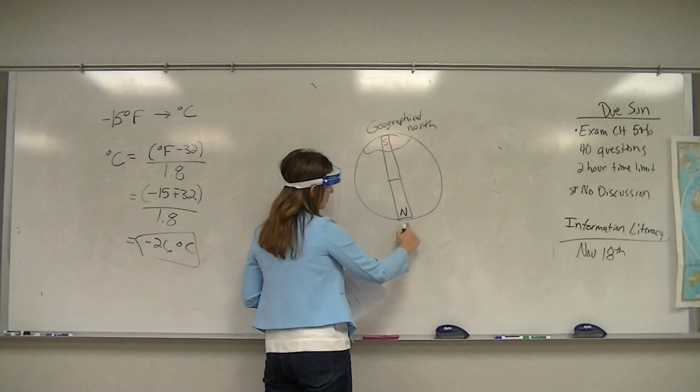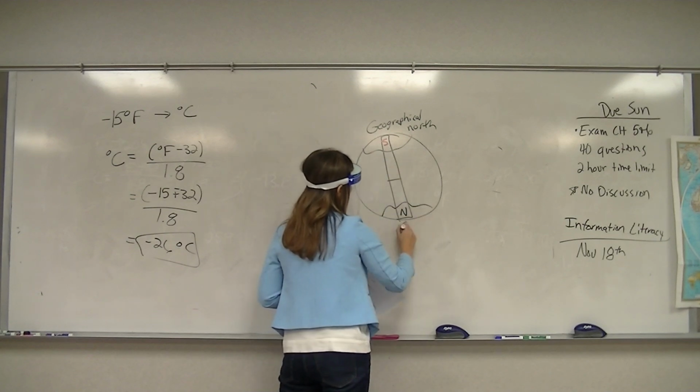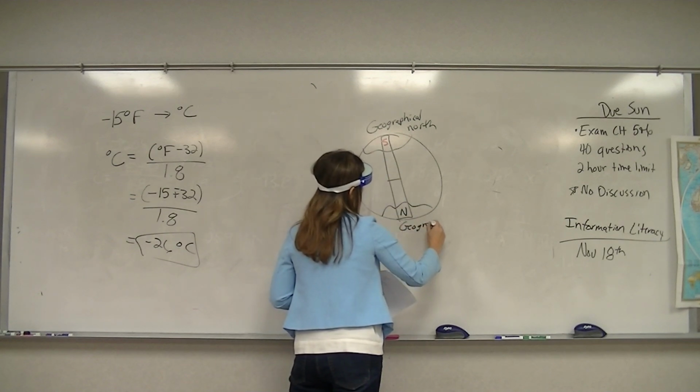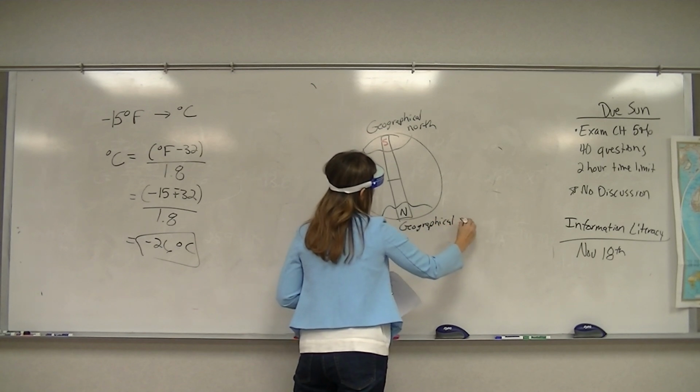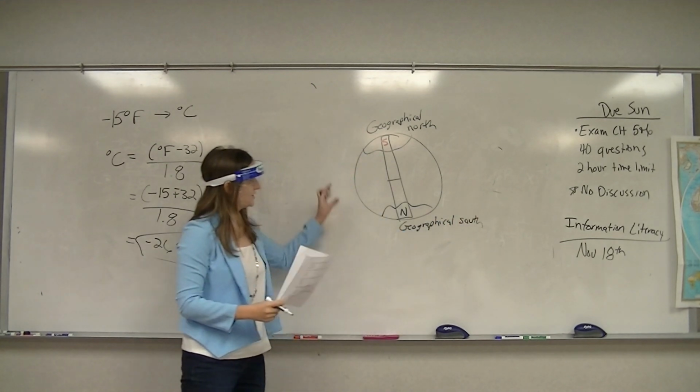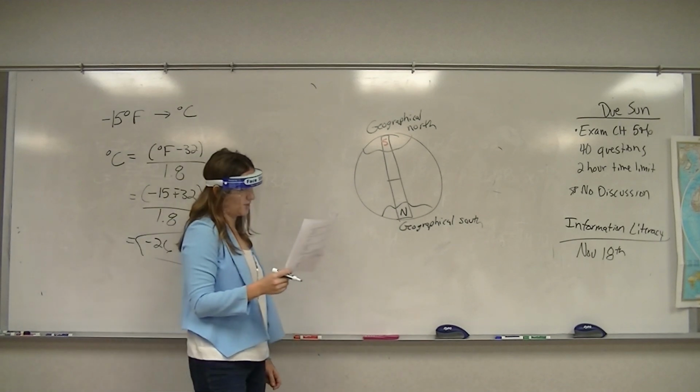The magnetic north is actually the geographical south. So this picture diagram is going to help you with this question.